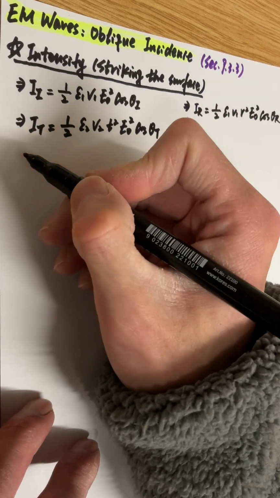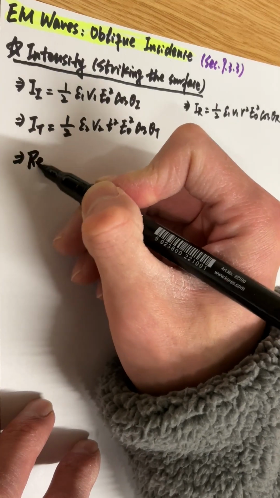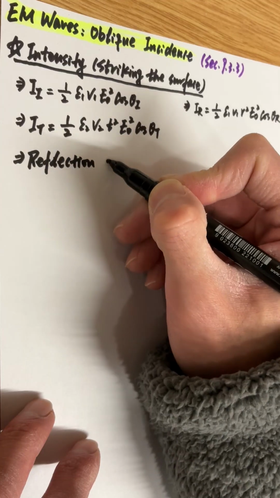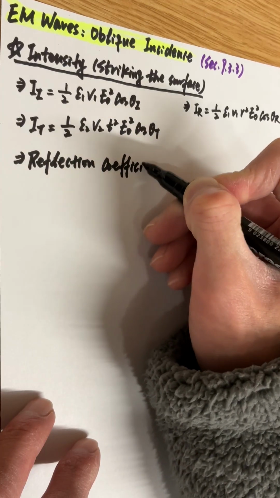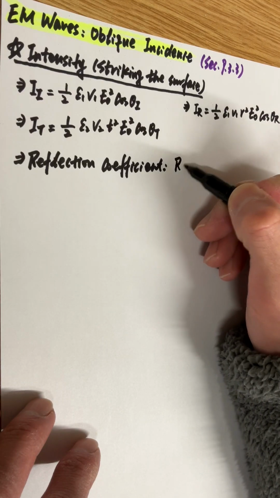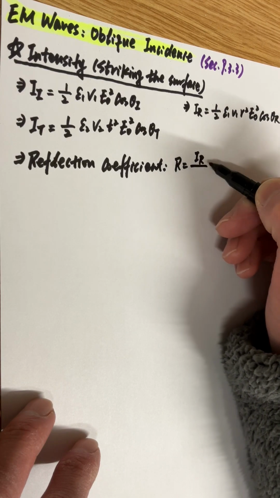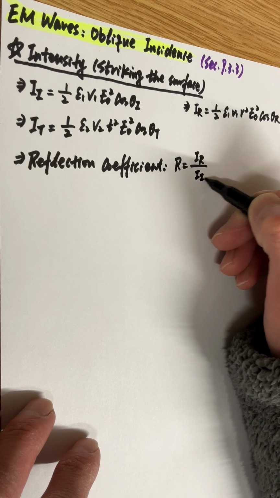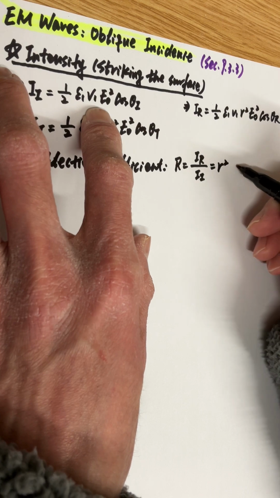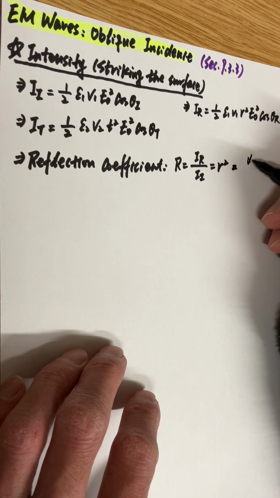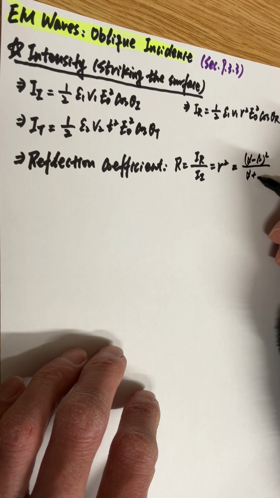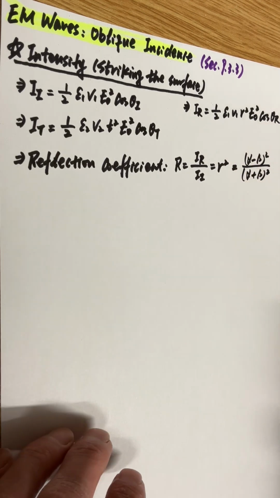Now we are ready to calculate the reflection coefficient. We have R equals IR divided by II, so this divided by this, we have r squared, which is alpha minus beta squared divided by alpha plus beta squared.